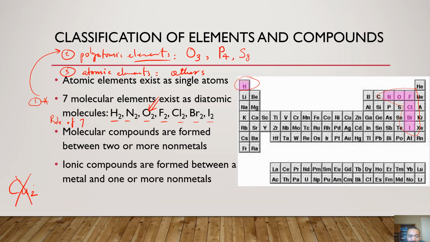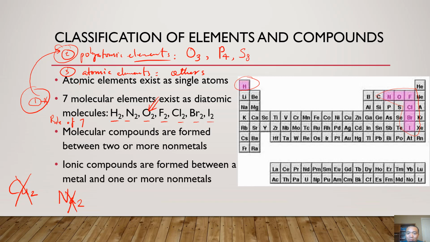We want you to memorize those 7. What if you write something like Na2? No, because if it's not diatomic and not polyatomic, then it must be monatomic, or simply we call that atomic. Remember, both category 1 and 2, both diatomic and polyatomic, are so-called molecular elements, and the atomic elements are monoatomic.